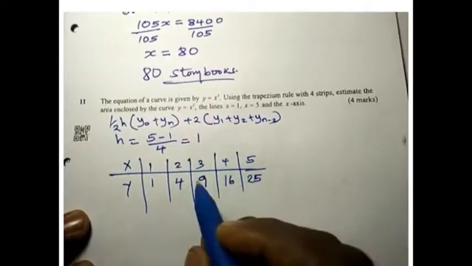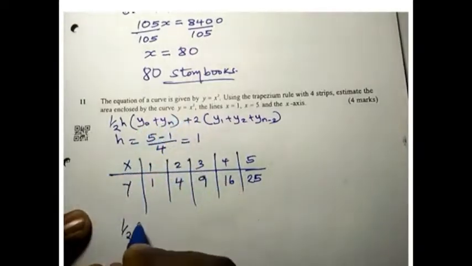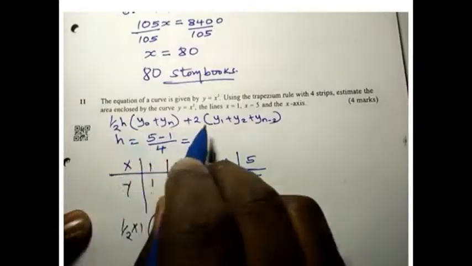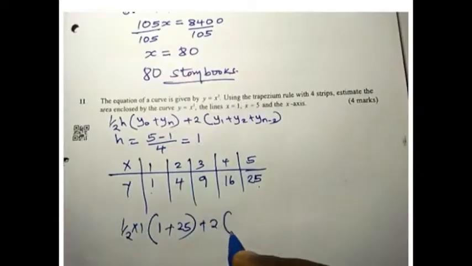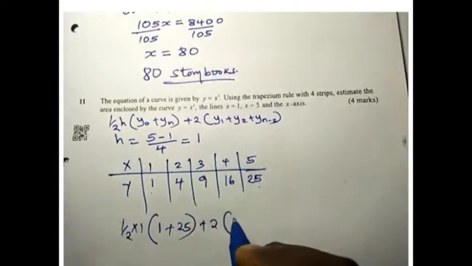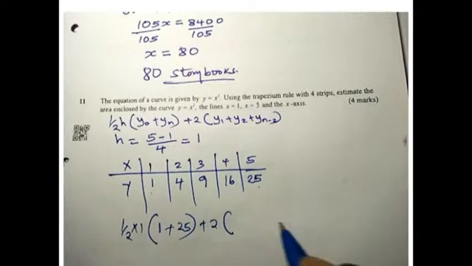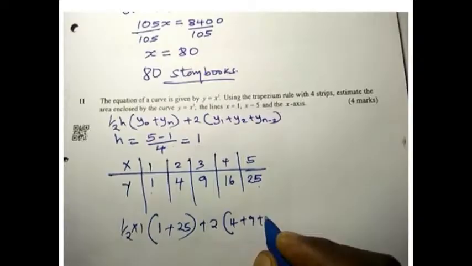So now we take these values and substitute them in the formula. So I have h is 1, times 1 into 1 plus the last value, which is 25, and then plus 2 into the remaining, which is y1, the others which are remaining, that is 4 plus 9 plus 16.